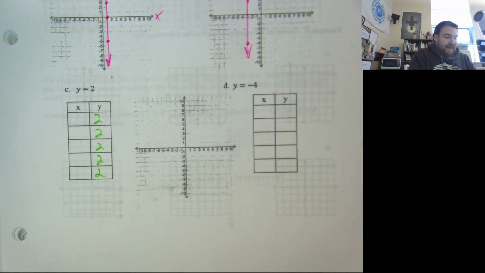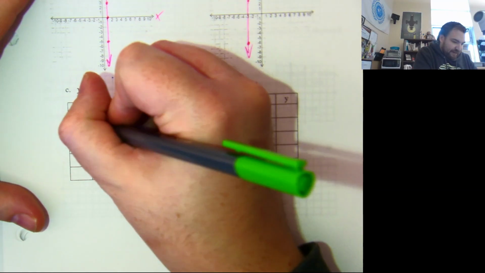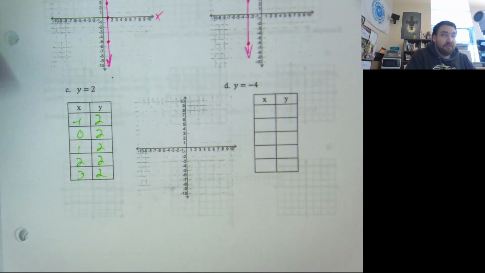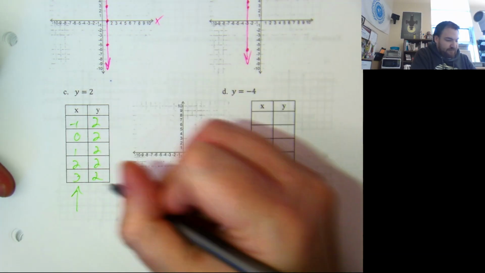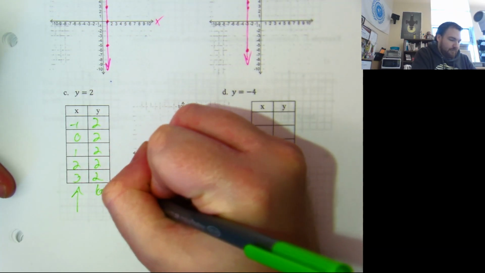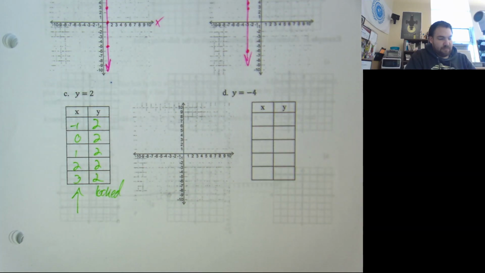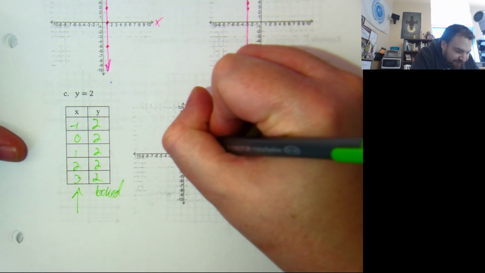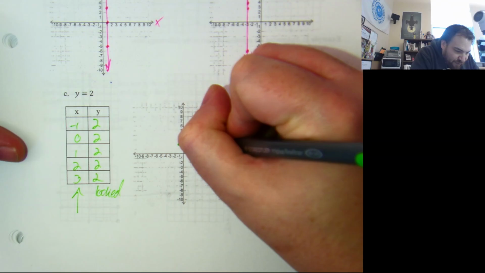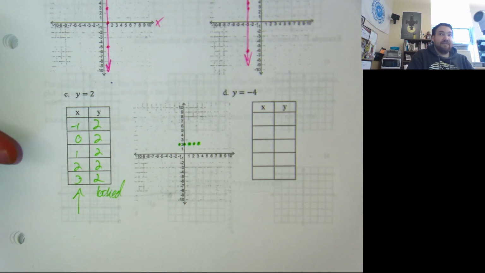So we're going to get, I don't know, let's pick some values here. -1, 0, 1, 2, 3. You pick whatever you want here. This is locked in. So -1 and 2 is right there. 0 and 2 is there. 1, 2 is there. 2, 2 is there. 3, 2 is there.